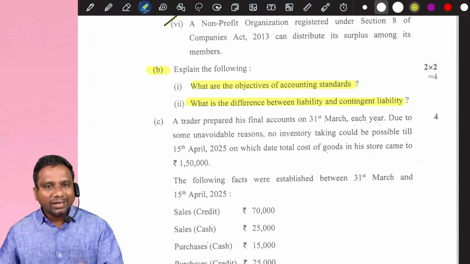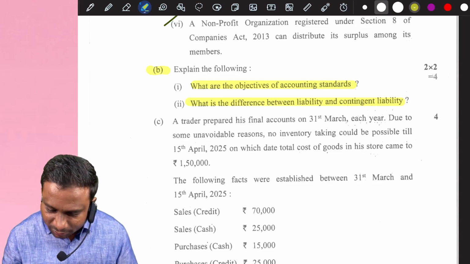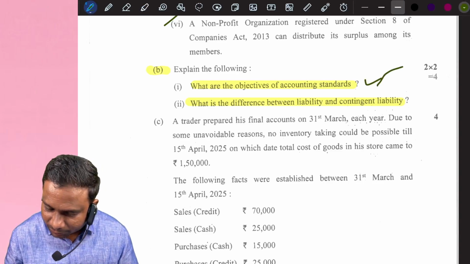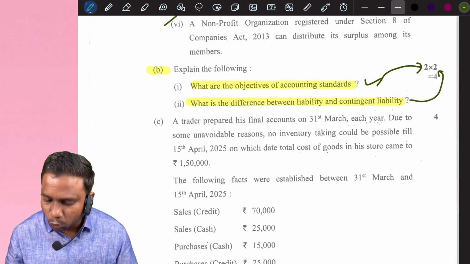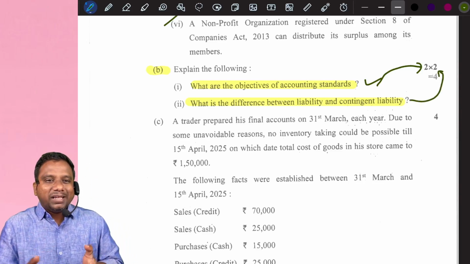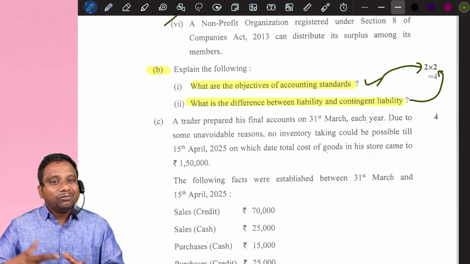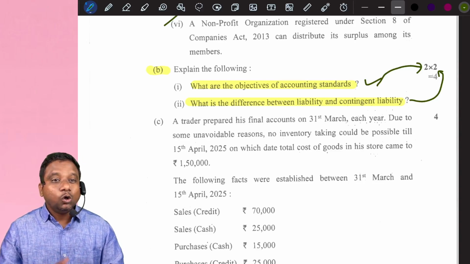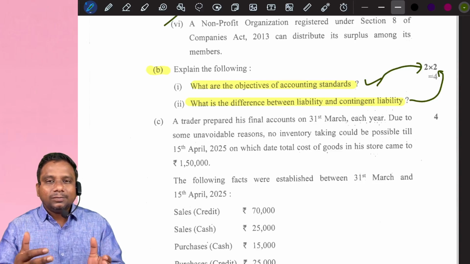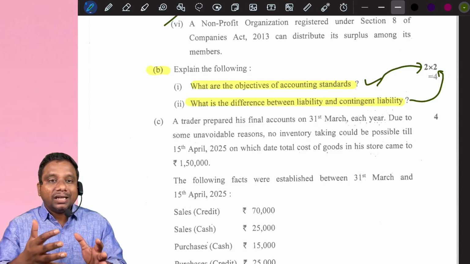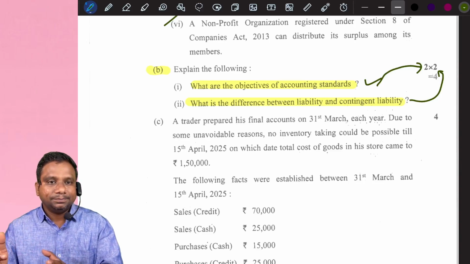Suppose this first question is for 2 marks and the second question is for 2 marks. If I write half a page, I get 2 marks. If I write a full page, I still get 2 marks. Don't expect otherwise.